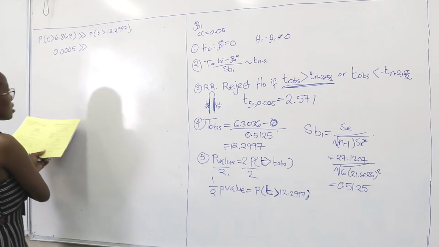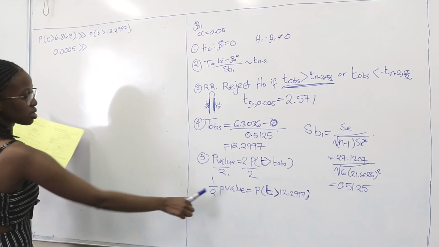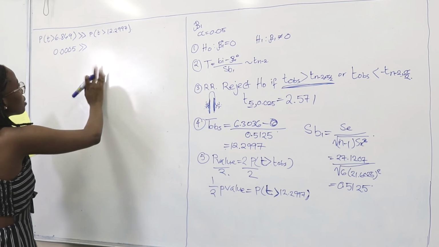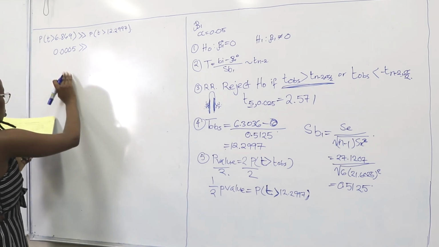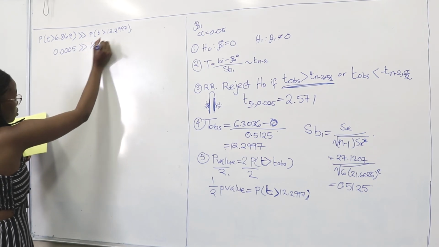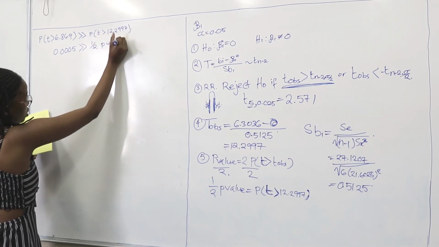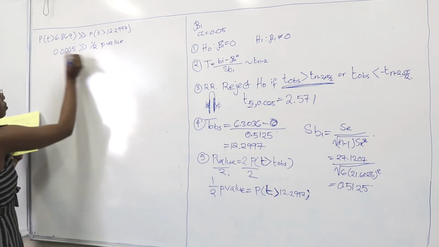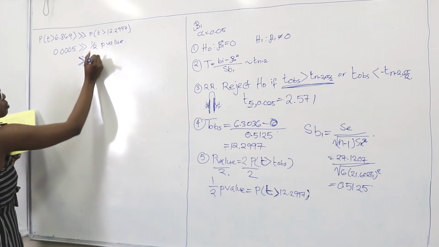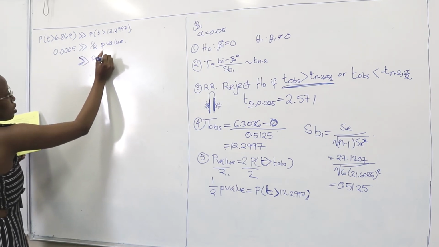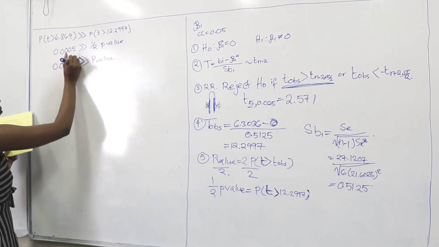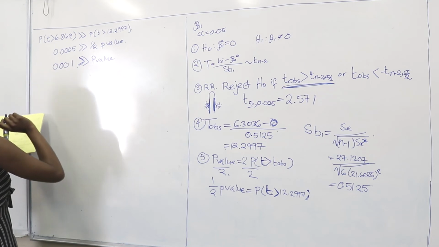And then since we said this is half of the p-value, what we have over here, we want the p-value, not half of it, so we're going to multiply both sides by 2. When you multiply this by 2, you get the p-value, and when you multiply this by 2, you get 0.001, if I'm not mistaken. Sure.